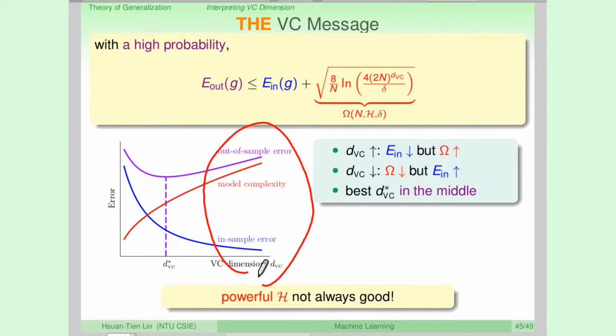People who have not taken a machine learning class would have the tendency to just use the most complicated machine learning model to solve their task. No. You should understand that this is perhaps dangerous because you are on the right-hand side and your danger is the model complexity. You should understand that you need to choose the right complexity rather than just using the most powerful hypothesis set. That's the VC message you should keep in mind.